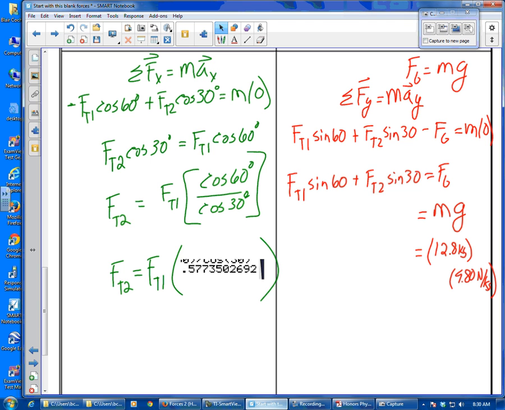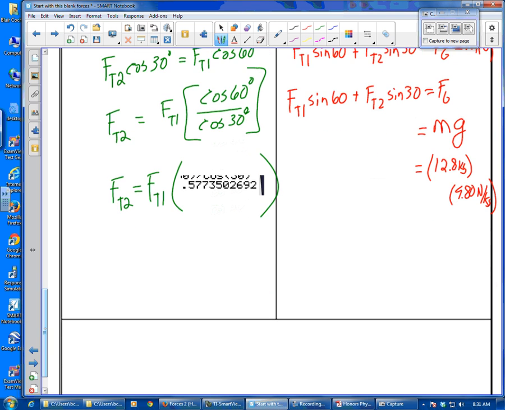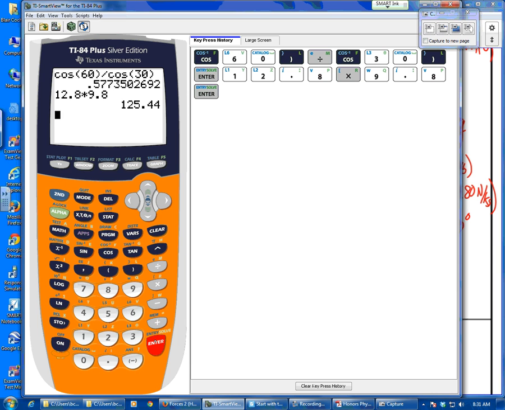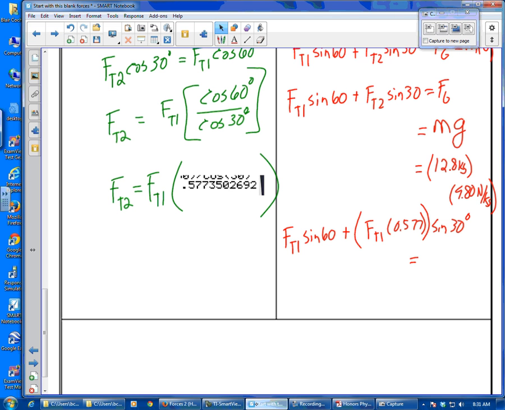So I'm going to have Ft1 sine 60 plus Ft1 times 0.577 sine 30 equals, let's do that 12.8 times 9.8 and see what we get. 12.8 times 9.8, 125.44.